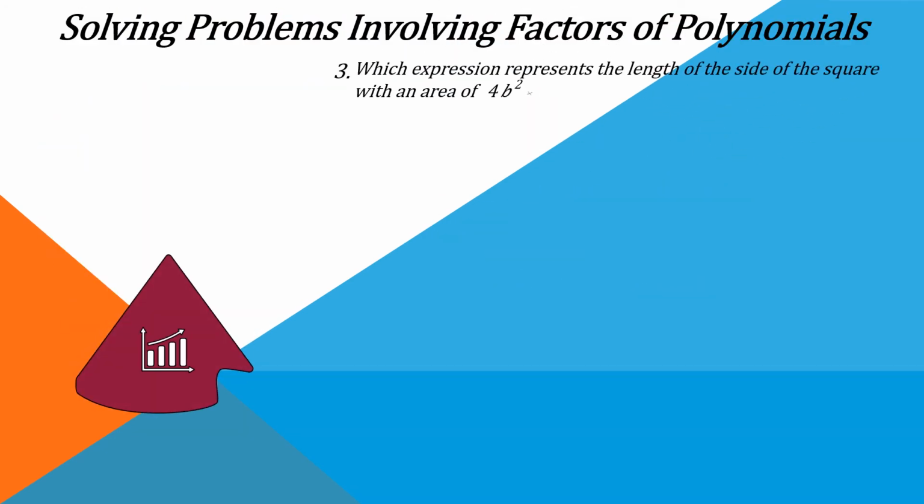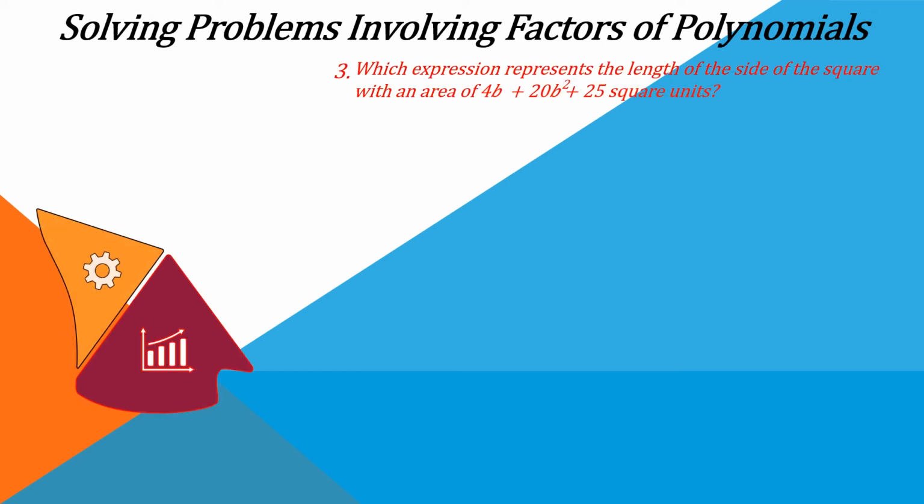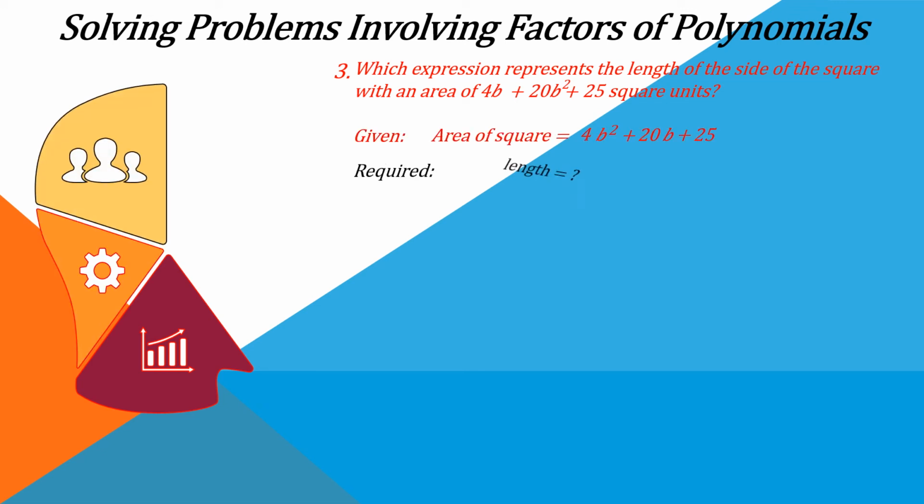Example number 3. Which expression represents the length of the side of the square with an area of 4b squared plus 20b plus 25 square units? Again, take all the given data. The area of a square is 4b squared plus 20b plus 25, and we are asked to solve for the length.